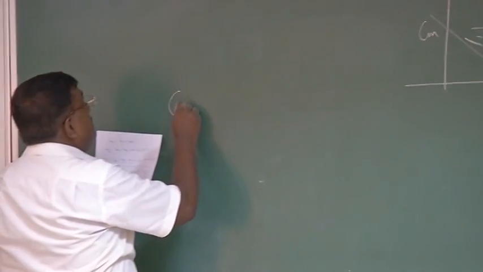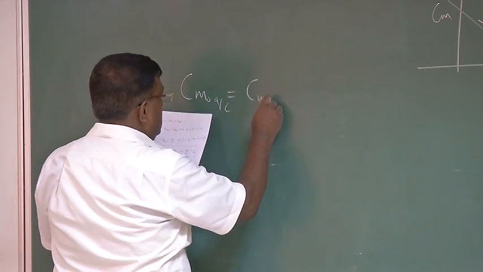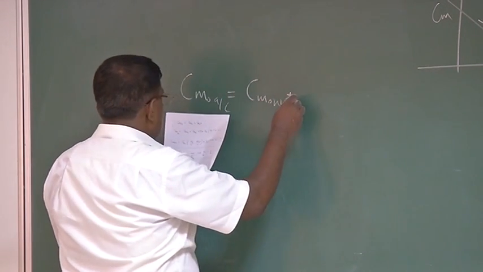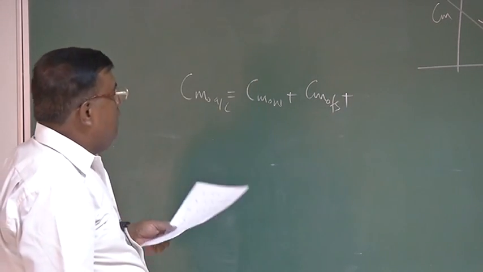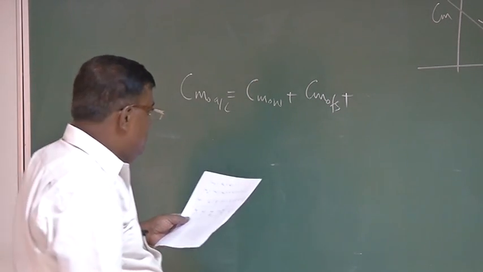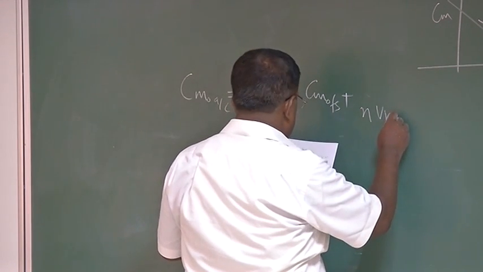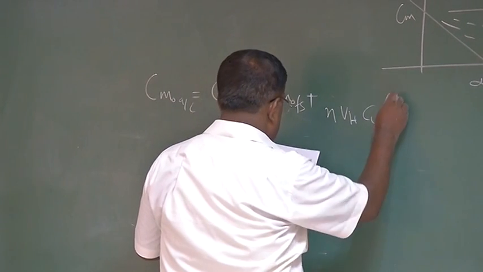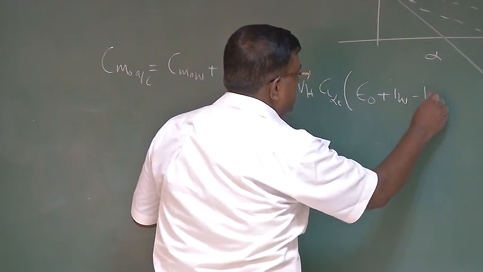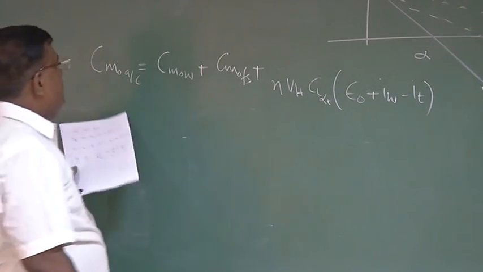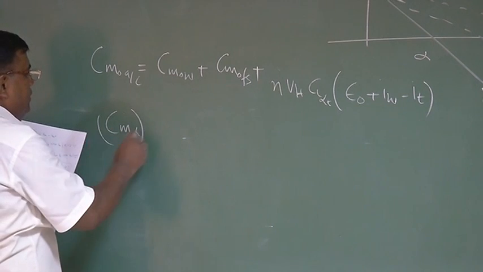See, we know now Cm naught of the aircraft as Cm naught because of wing plus Cm naught of fuselage, which we have not derived any expression for, that smaller value. Then eta VH CL alpha tail into epsilon naught plus IW minus IT. This is the Cm naught of the aircraft. Then Cm alpha of the aircraft.